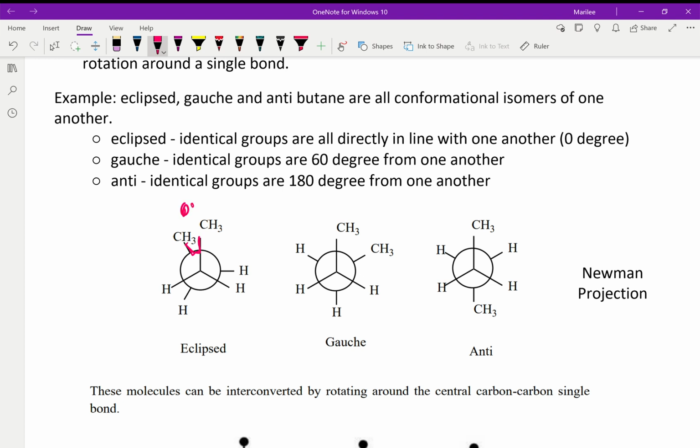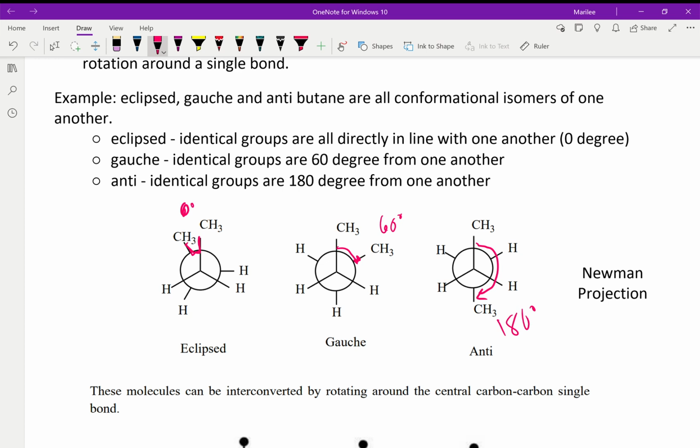And then for gauche, it obviously rotated, and that rotated 60 degrees. And then for anti, we went from up here all the way down here, that rotated 180 degrees.